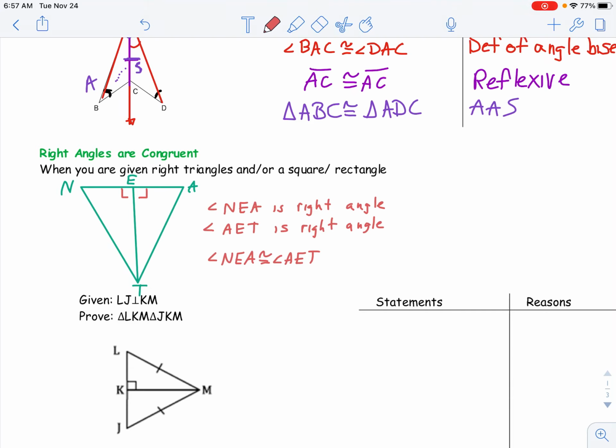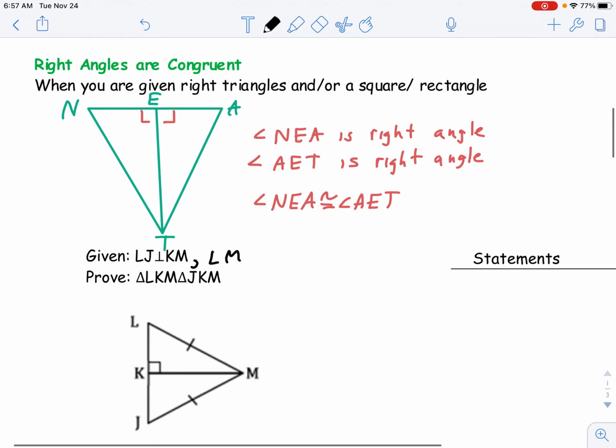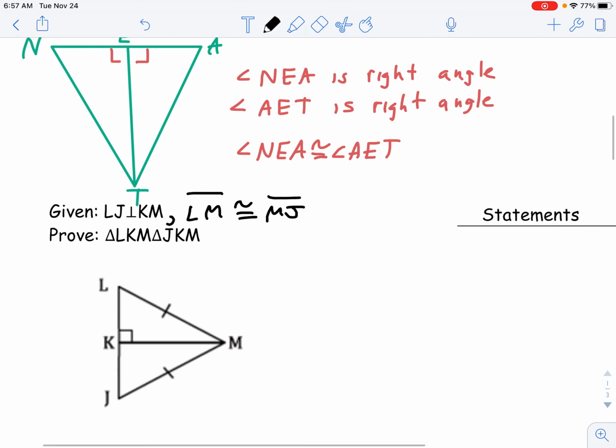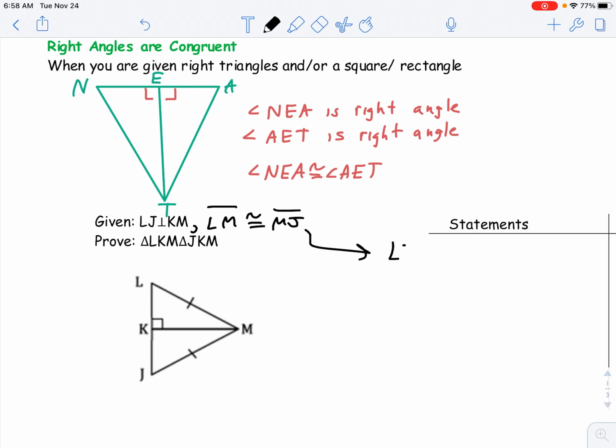All right, so let's dive into this proof right here. Given, all we're given, technically I should just give you guys more information. Let me modify this just slightly. LM is congruent to MJ. All right. So let's knock this out of the park.